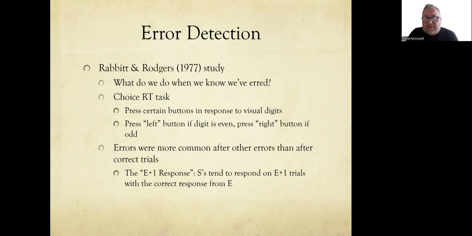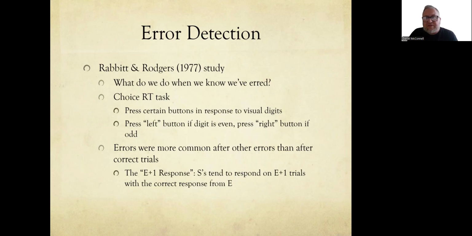But what also is the case is that there's a very increased likelihood that the response on the E+1 trial was the response that was supposed to be performed on the previous error trial. So this is called perseveration of errors, right?